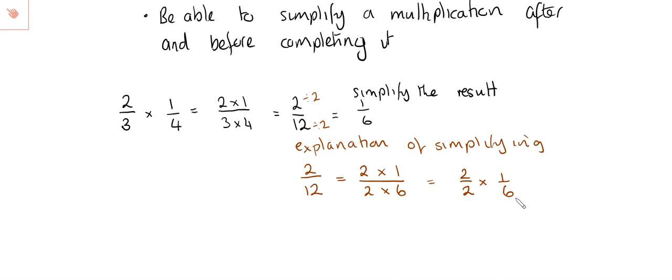So this explains why 2/12 and 1/6 are the same, because what is 2 halves the same as? It's the same as 1, isn't it? 1 times 1/6. 2 halves is a whole 1.